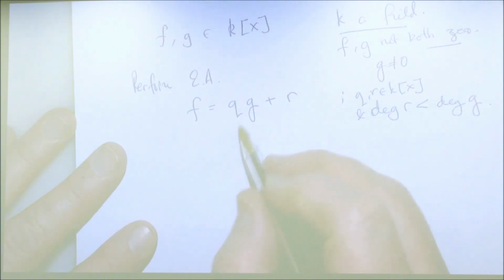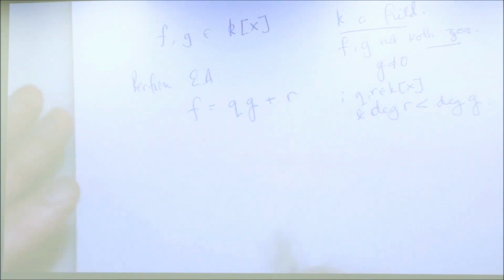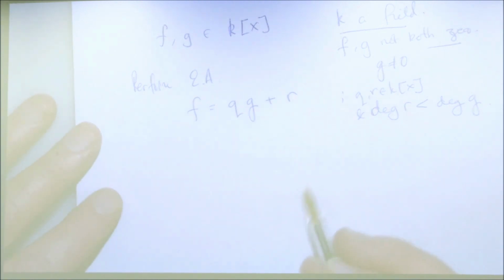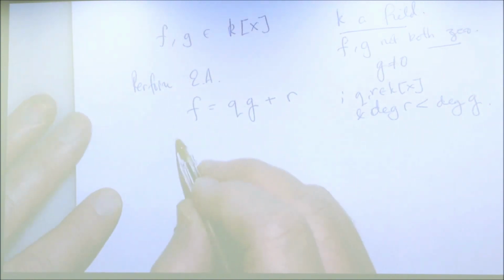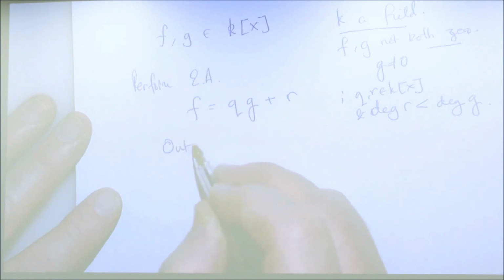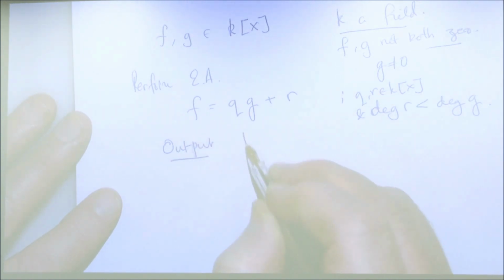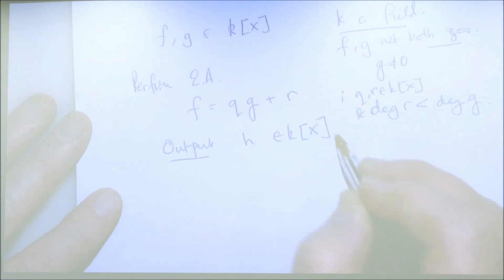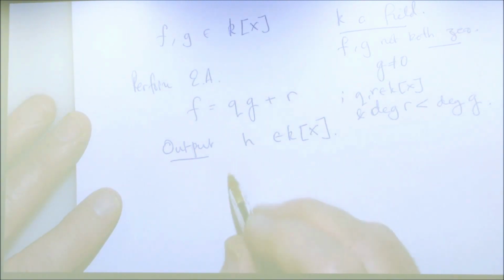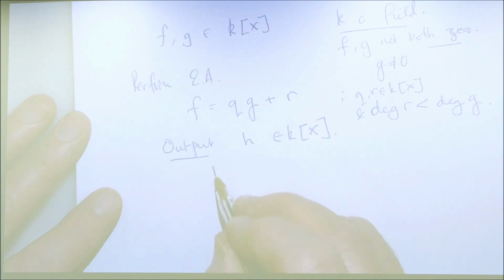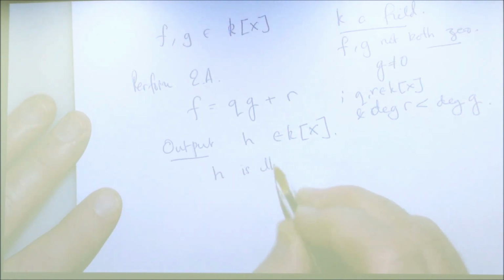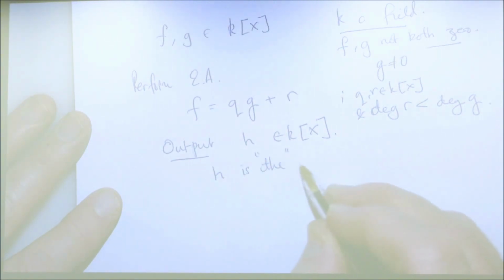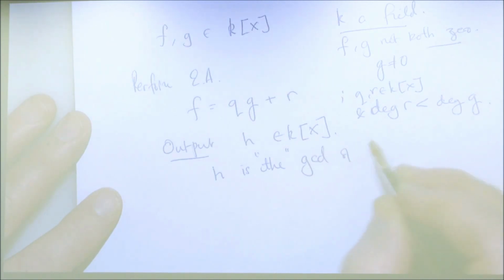Okay, so now you know how to divide. You can do Euclid's algorithm. You can get an output, I'll call it H, a polynomial in K, and then H is the, in inverted commas, GCD of F and G.